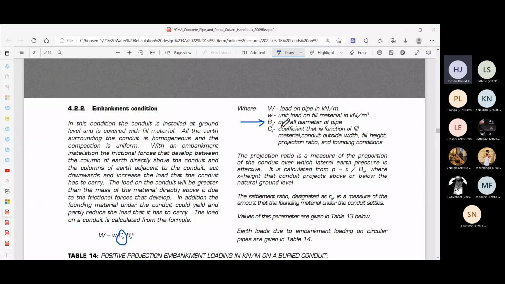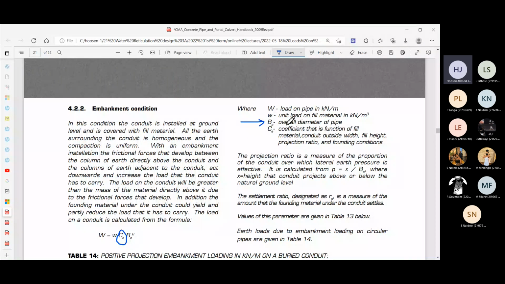Under embankment conditions, we're dealing with the diameter of the pipe, because remember, on the embankment we said it's very wide, so the width of the trench is immaterial. The backfill behind it is quite broad, and you're now going to get this drag condition on the prism above the pipe. So it's the diameter of the pipe that's more important and will control it.